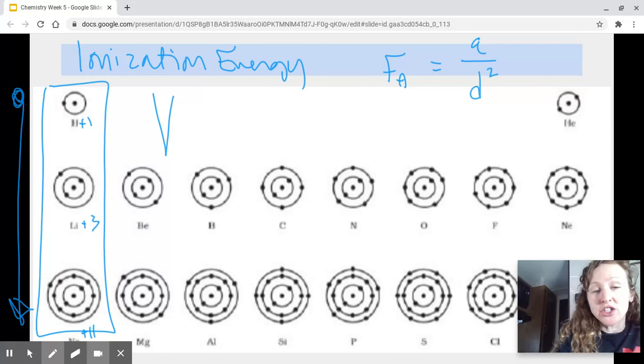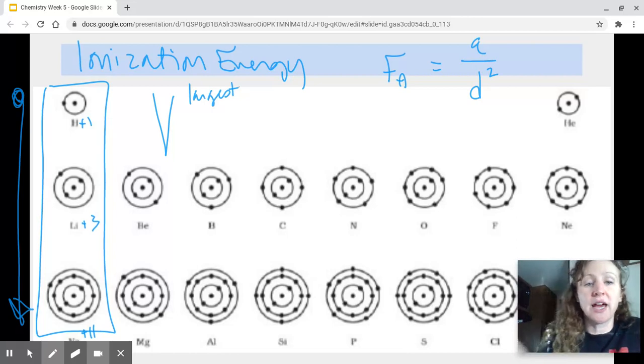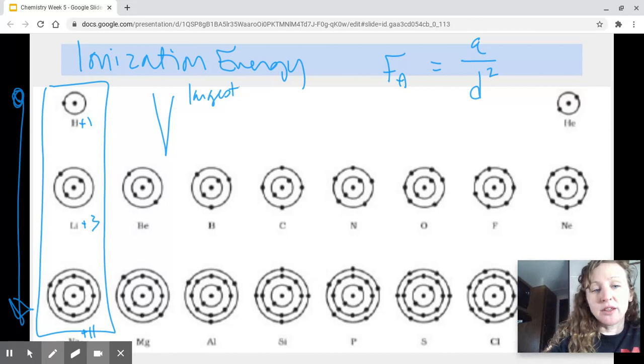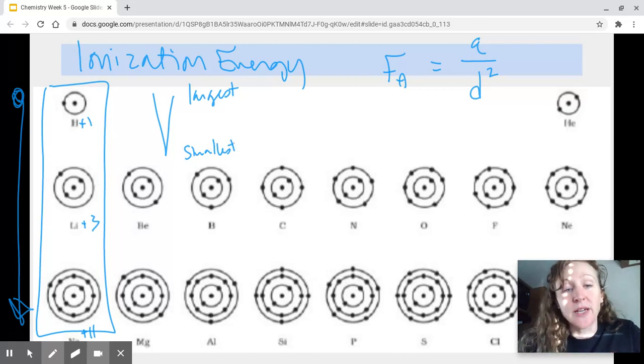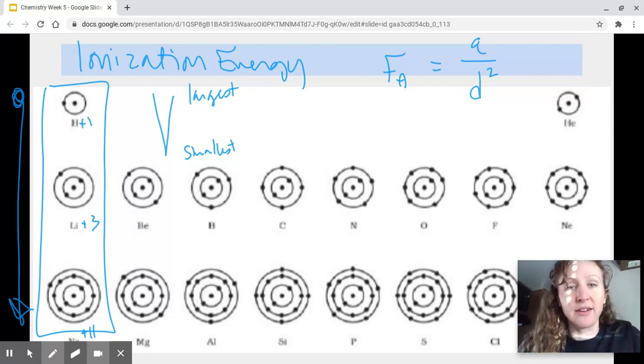Hydrogen's ionization energy is going to be the largest. You're going to need the most energy to remove the electron from the hydrogen atom. Sodium, and then continuing down that family, is going to be the smallest, all the way down to francium down there, because as that electron moves away from the nucleus, you're going to need less energy to remove it from that atom.